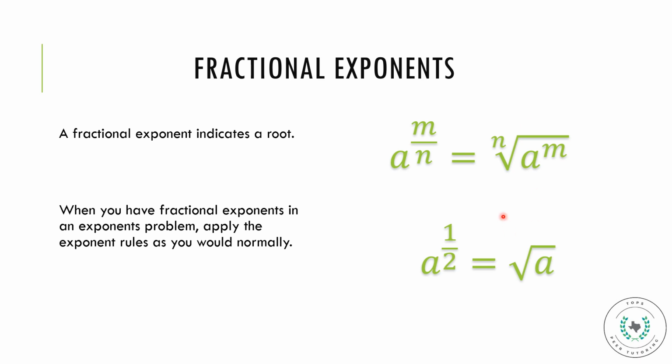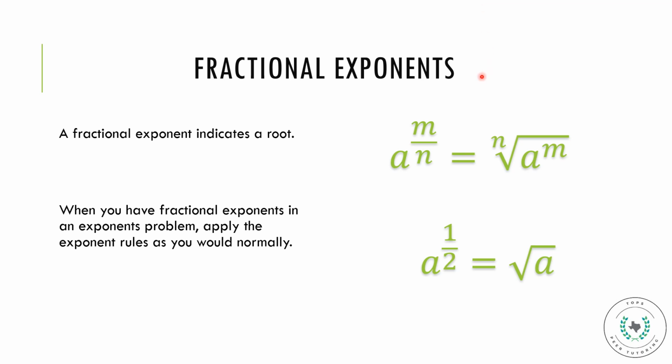But when you do have other values, you are going to need to put the n and the m in the right places. Now, it can get a little bit confusing because it's like, how do I remember where to put the m? How do I remember where to put the n? But I like to remember it as, okay, m is on the inside, n is on the outside, as in it's inside the square root or it's outside the square root. It's technically just the root.